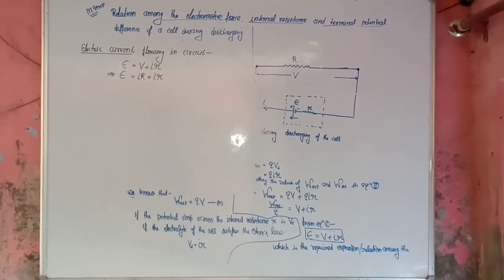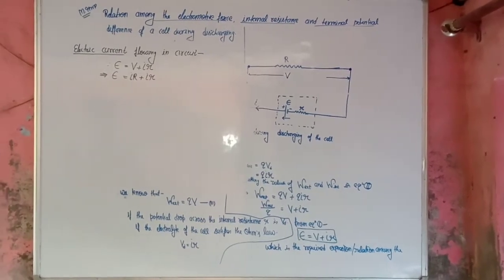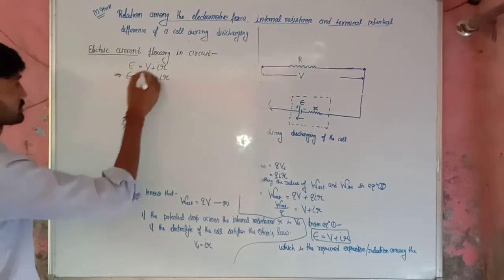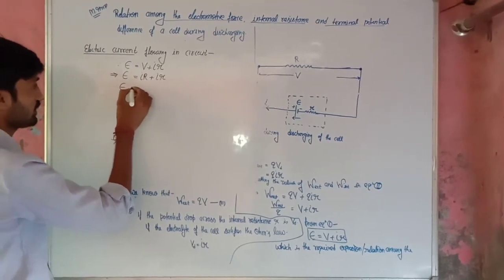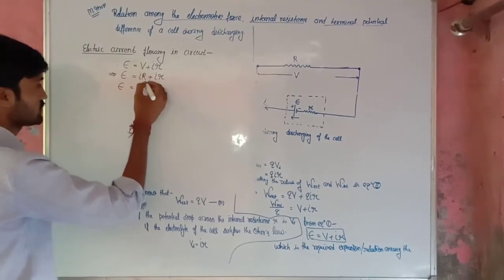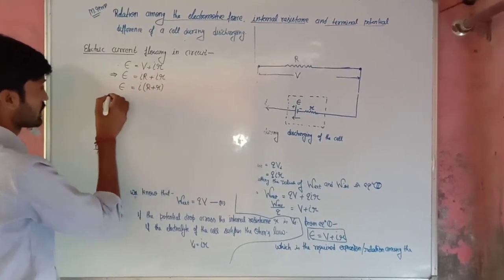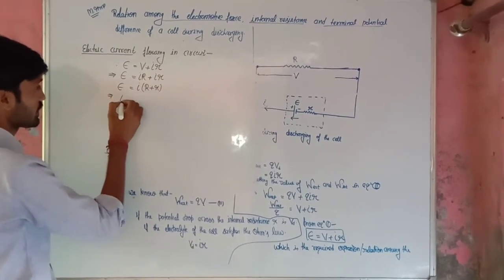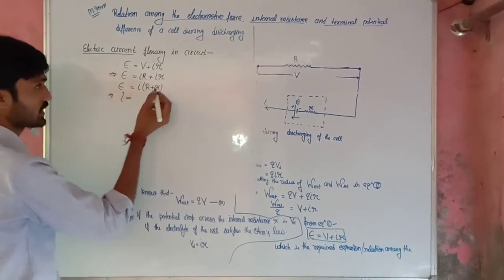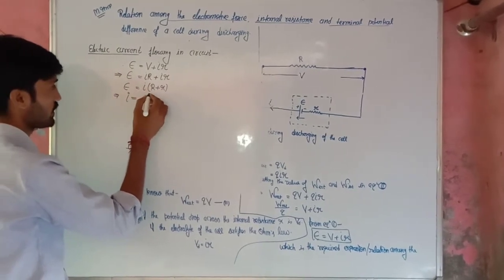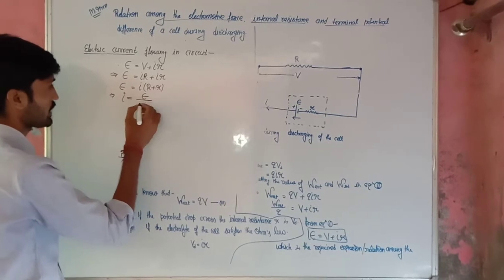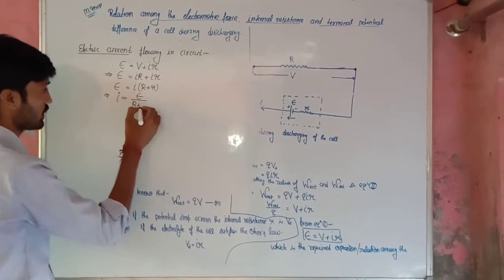Now see, we can take common I from these two terms, then we get R plus small r. This implies that the electric current flowing in the external resistance R will be epsilon or E divided by R plus r.